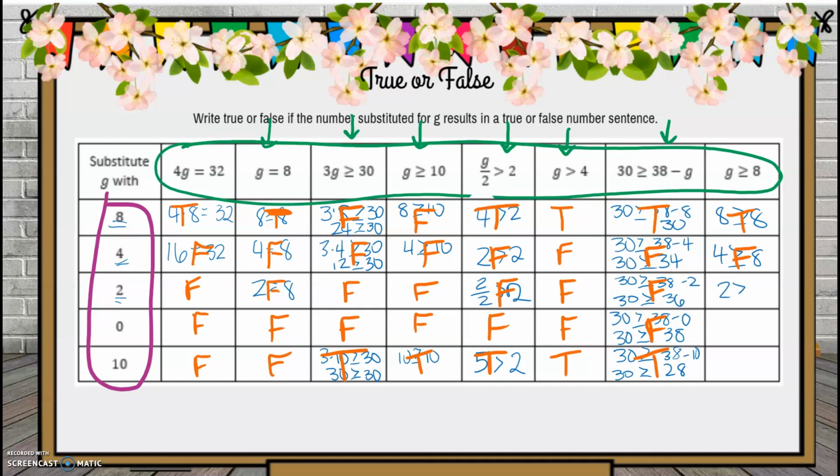Is 2 greater than or equal to 8? Nope, 2 is not greater than 8 at all. What about 0? Is 0 greater than or equal to 8? No again, that one is false. And then what about 10? Is 10 greater than or equal to 8? 10 is actually greater than 8. So that last one is true.